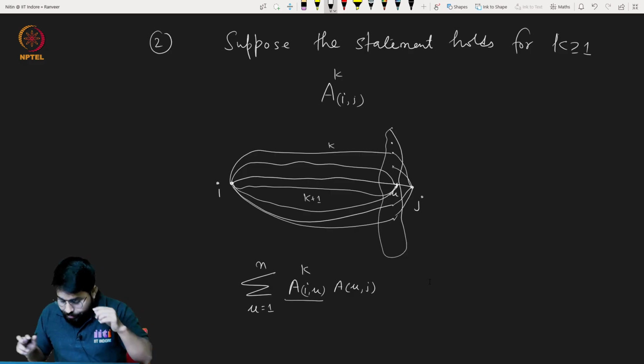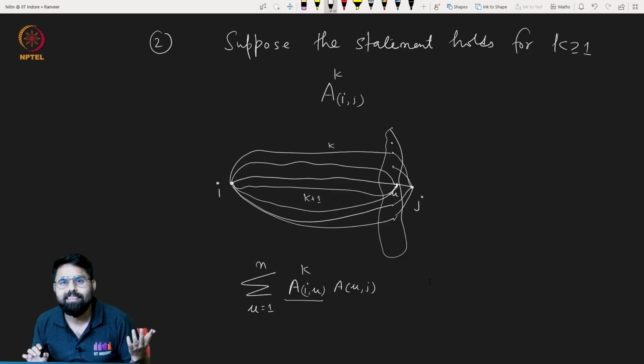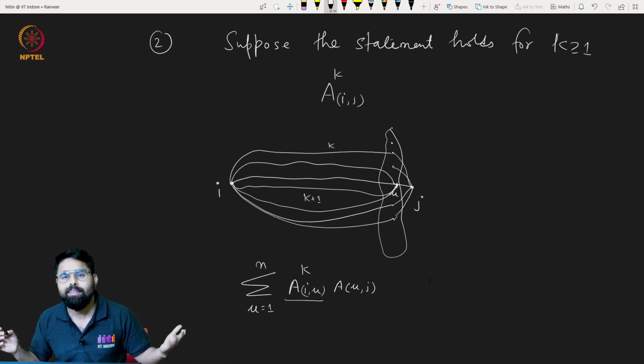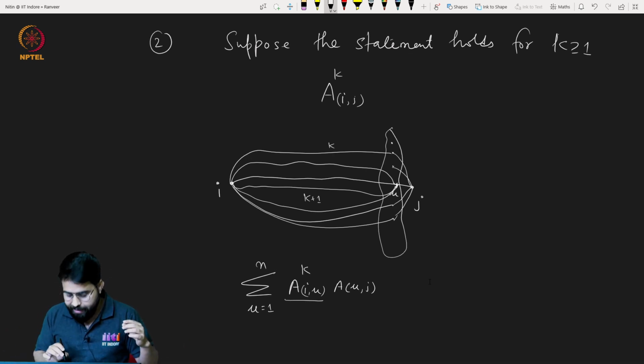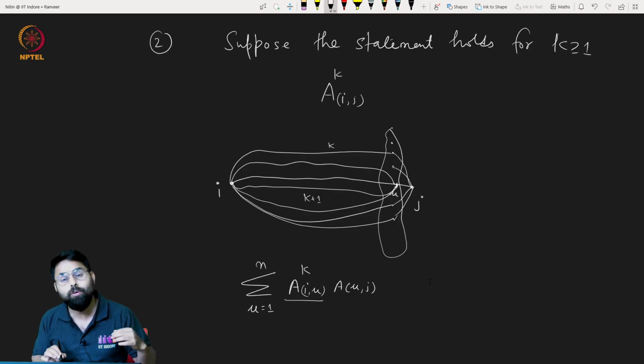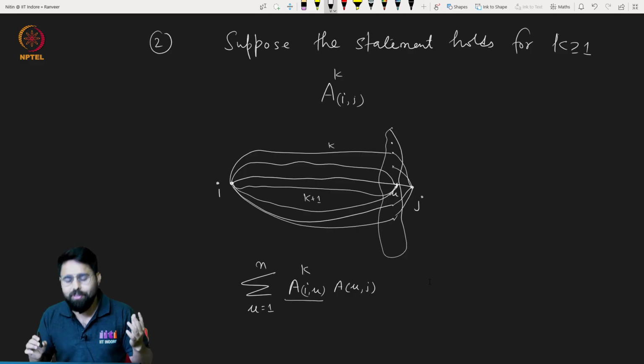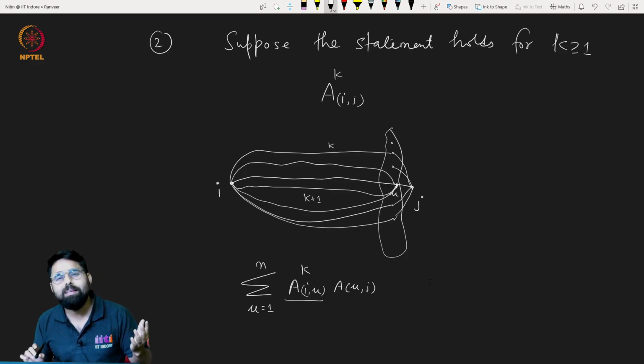Very good. Maybe sometimes u and j do not have an edge. In this case, this length k plus 1 walk will not be counted. If there is an edge here and there is a walk of length k between vertex i and u, this will be counted. This quantity is very beautifully captured by the matrix product.